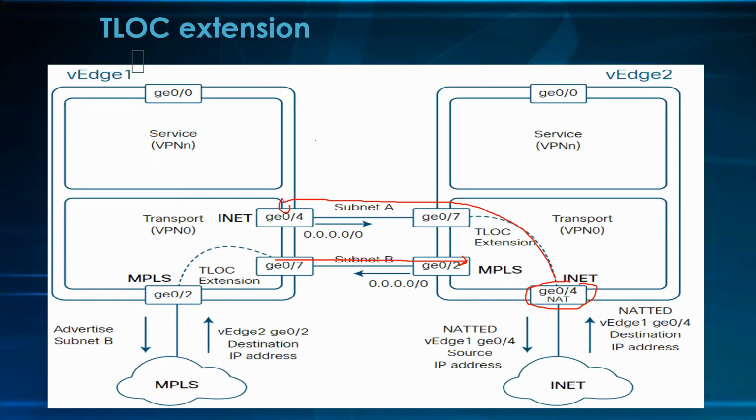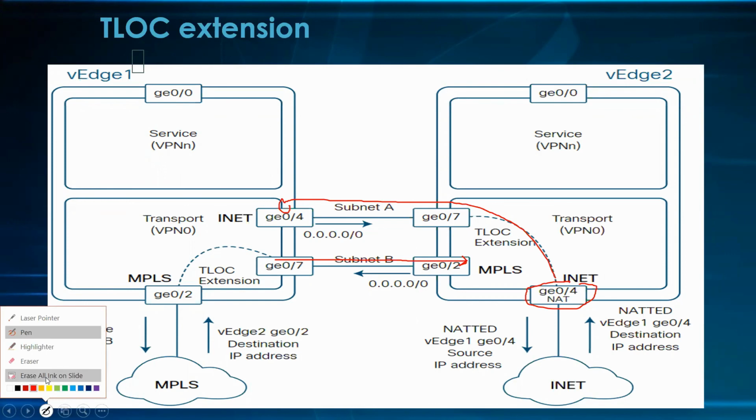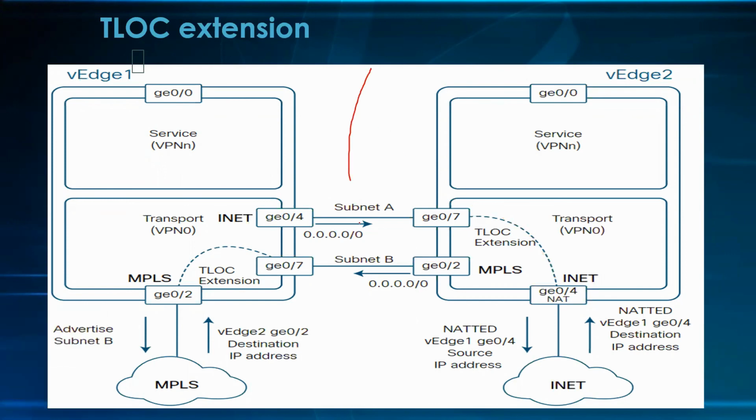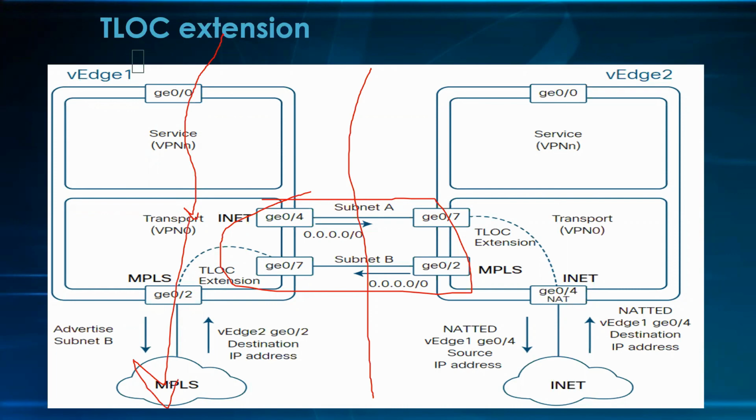So for an example, let me clear this. Currently this part is not there. This part is out, just skip that. You do have two VHs, VH1 and VH2. What exactly is happening when your traffic from the LAN is coming, let's say, this way? It is coming on the service VPN and it is trying to follow the transport. So what is the available path for this one? Only MPLS, right?